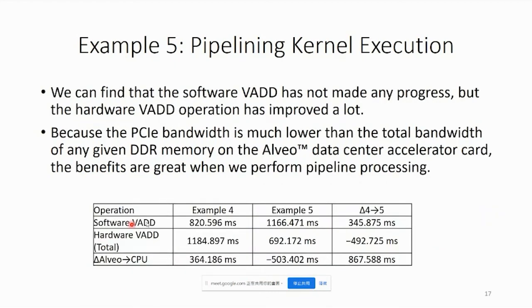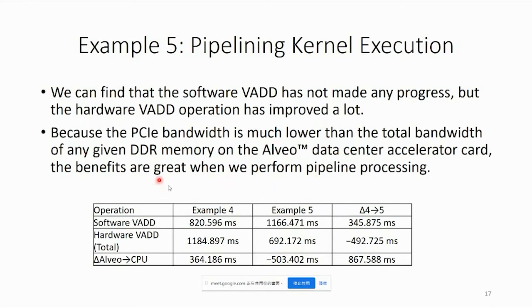And we can see the time compared to example 4. Then we can find that in the software part, the time may be large, but in the hardware part, the time we use will be much less. This may be because the PCIe bandwidth is much lower than the card we use.